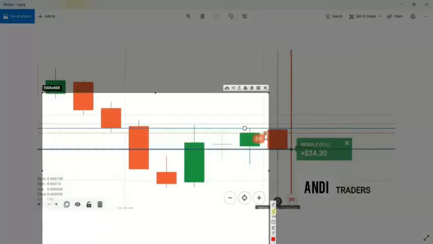This candle is at the support level. So what does this wick show us? This wick shows us the buyers enter the market, and again sellers enter from this level and close the candle here, right?